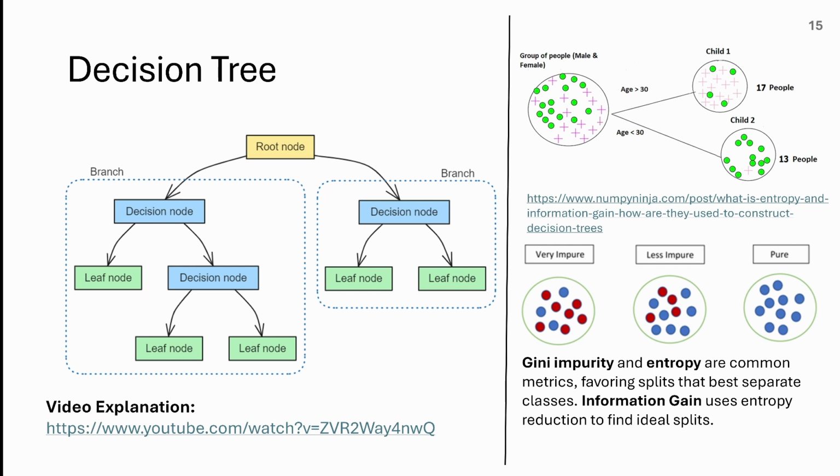Decision nodes are represented by blue boxes. Decision nodes are points where the tree splits based on certain conditions of the data features. Leaf nodes are shown in green and represent the final outcomes or predictions after the decisions are made.